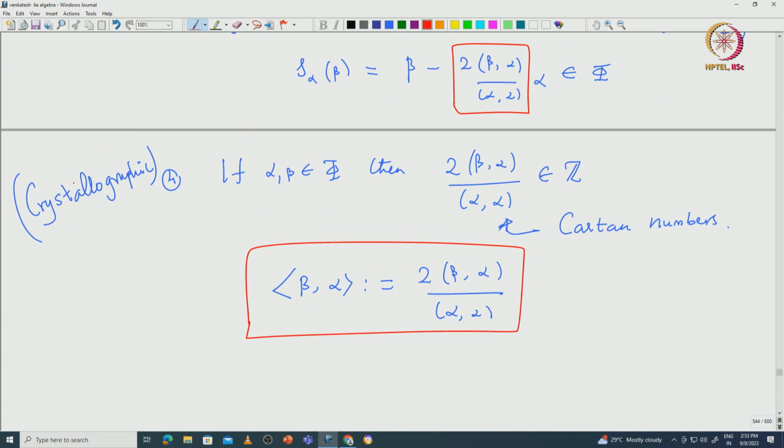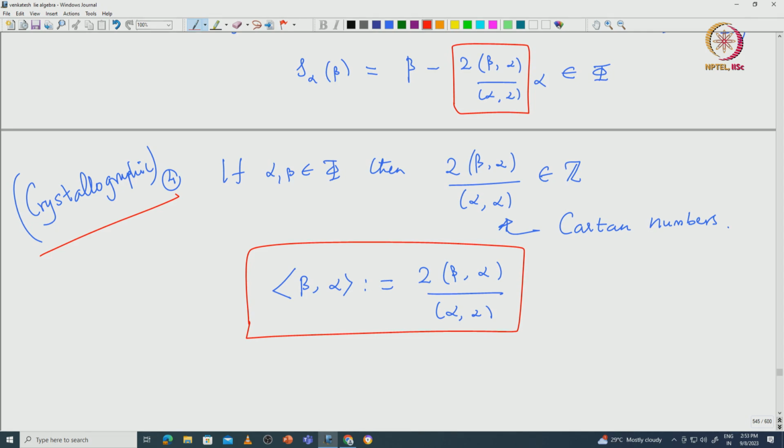Condition 4, the crystallographic condition, is again naturally motivated by the roots that we come across from semi-simple Lie algebras. But when we consider root systems that come from finite reflection groups, this crystallographic condition won't be satisfied, so in that case we just consider root systems without condition 4.